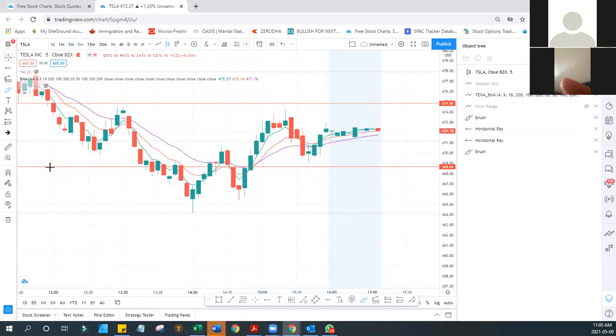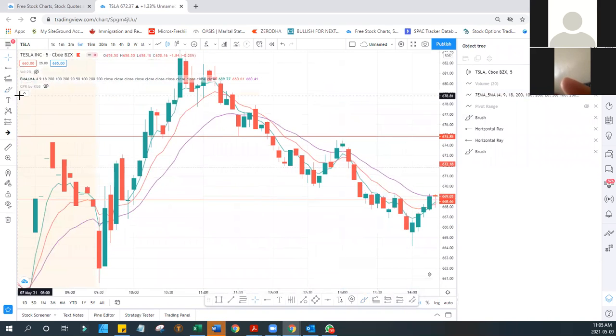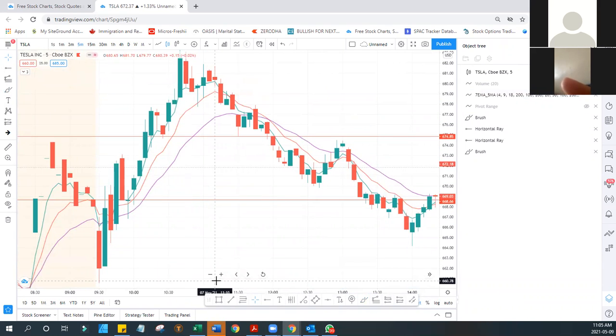Now can anybody tell me which one is the green one? Even if I don't tell you, can you tell me which one is the green one? 4. Or which one is the red? 9. And the one further away? 18. 18 is right.